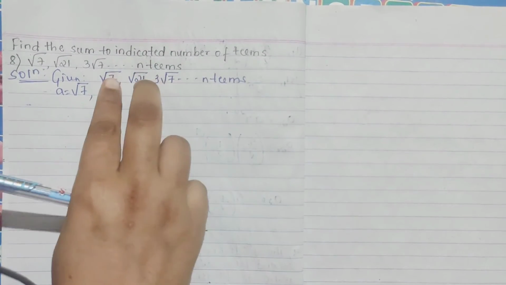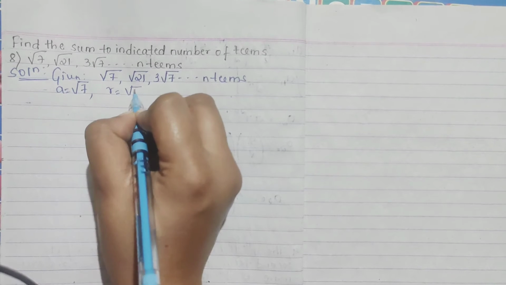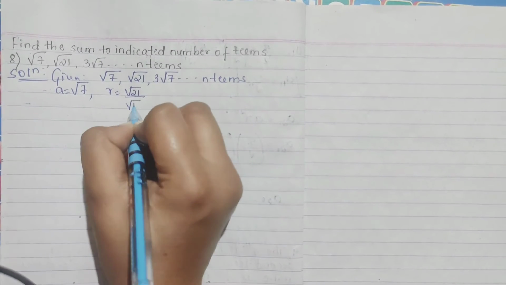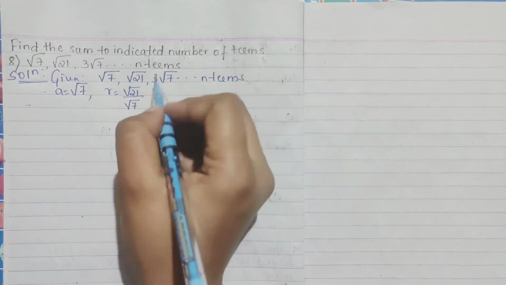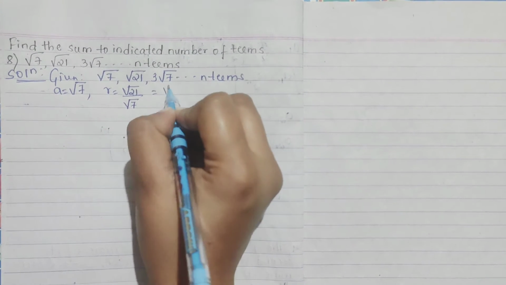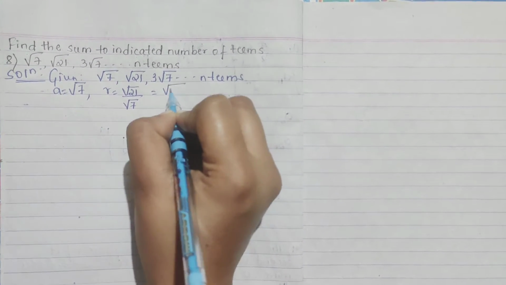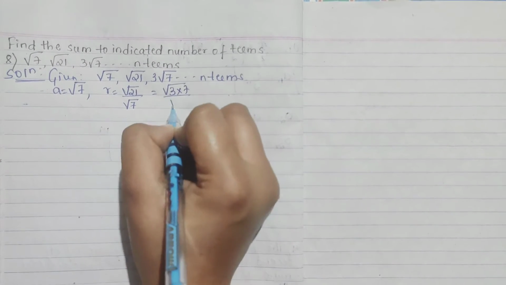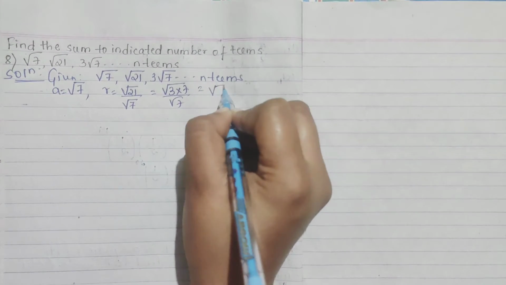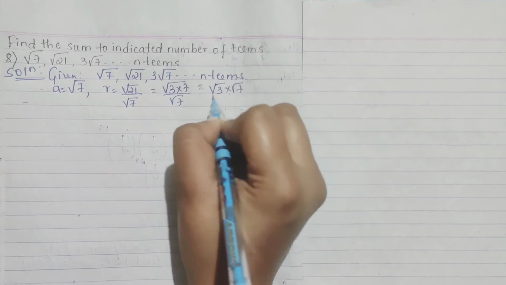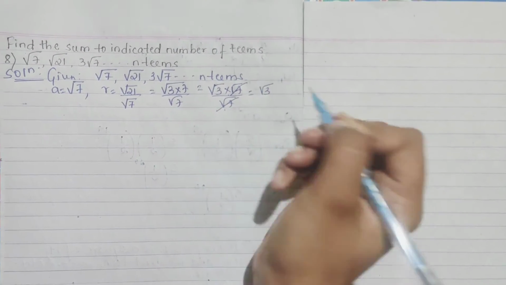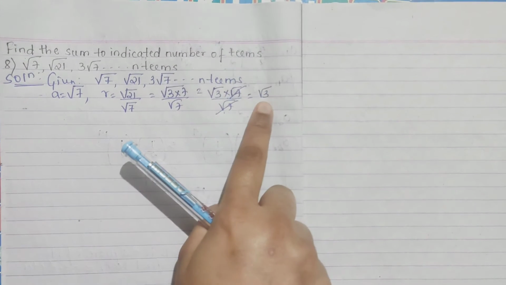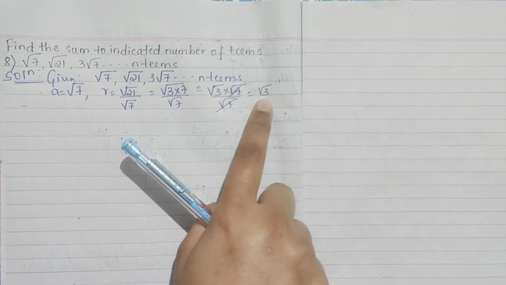R in a GP you have to find by dividing, that is √21 divided by √7. √21 I can write as √3 into 7, as 3 into 7 is 21. So √3 into √7 whole divided by √7. So √7 gets cancelled off, and you are getting √3. So your ratio R is √3.